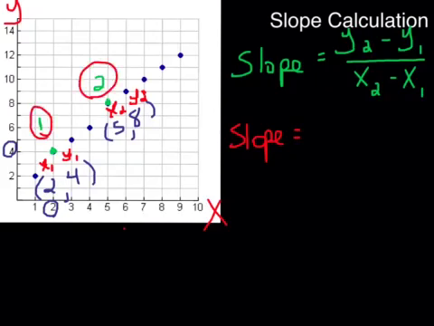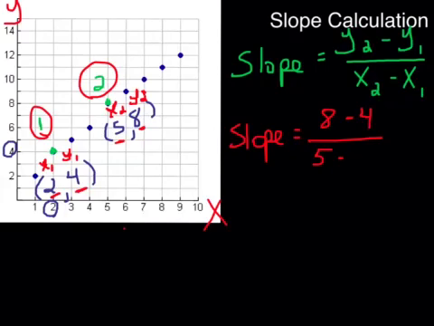Okay? So y2 is actually going to be this 8 minus y1, which is going to be this 4, divided by x2, which is 5, minus x1, which is 2.